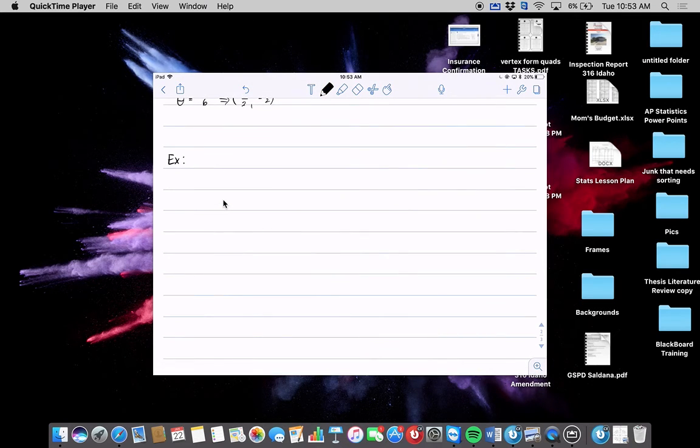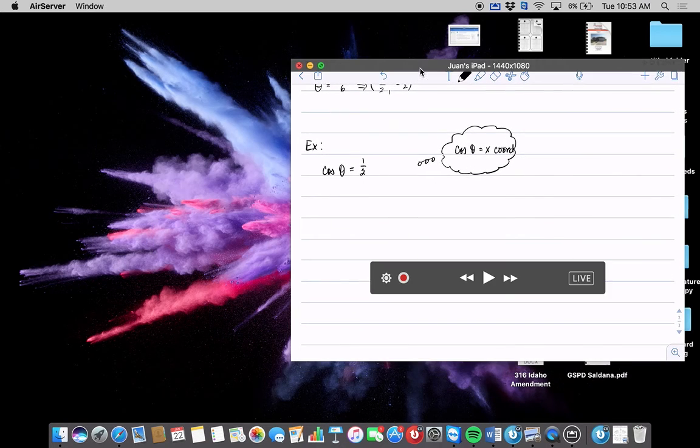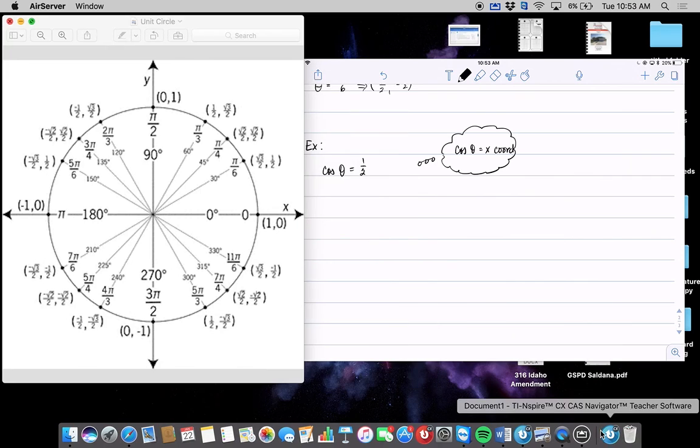Let's say we're given cosine of theta, and that cosine of theta is equal to 1/2. Right away I should recall in my little thought bubble that cosine of theta is just going to be the x-coordinate on my unit circle. So in my head, I should be visualizing this.